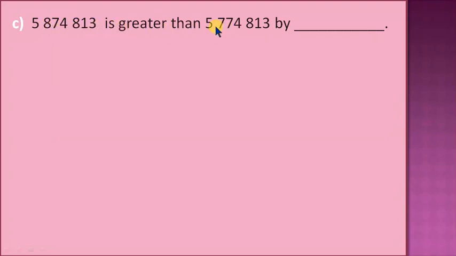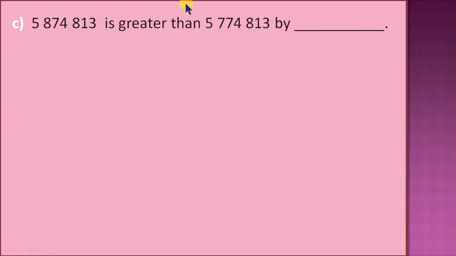Now move to the third one. 5,874,813 is greater than 5,774,813 by dash. Yes, here you have to tell how much more this value is than this value. You can subtract to find the answer.